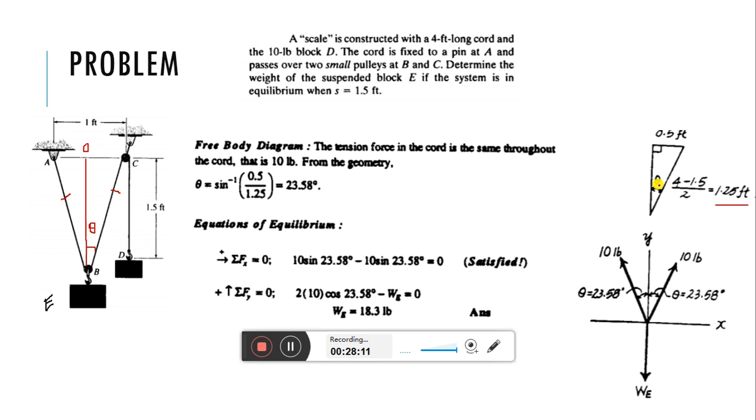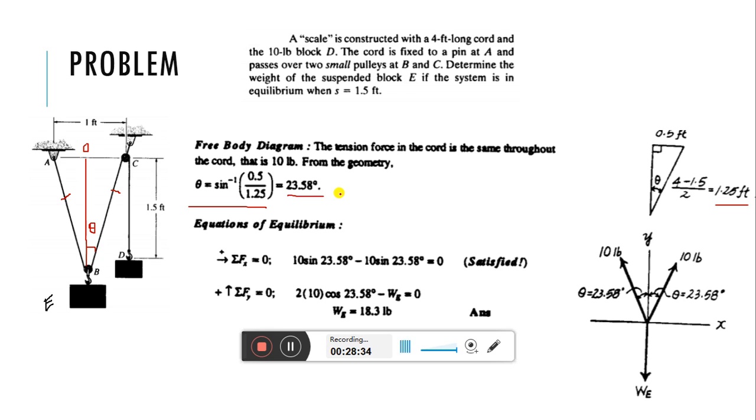Sin theta means 0.5 divided by 1.25. So theta is equal to sine inverse of that. Okay, and the value is 23 point some value 58, or near about 24 degrees it will come.